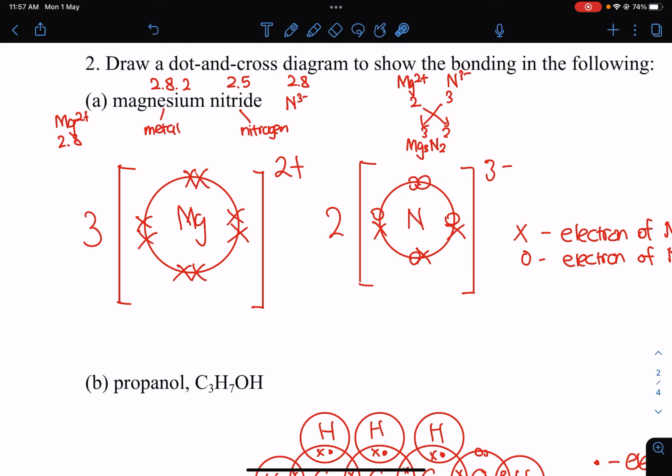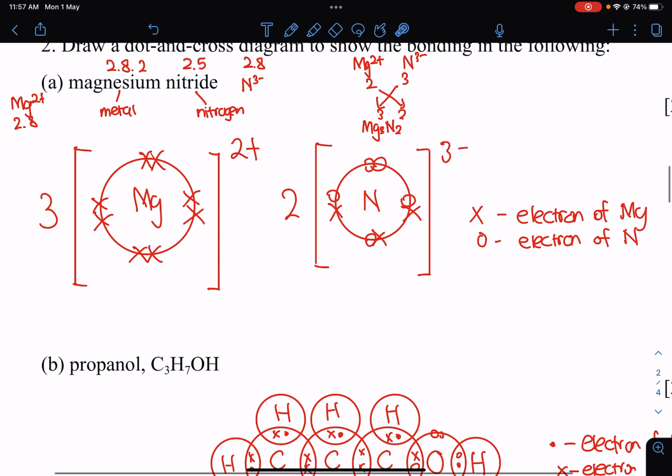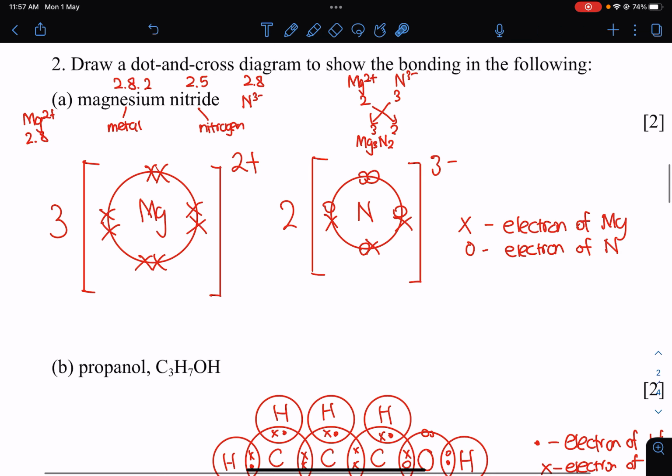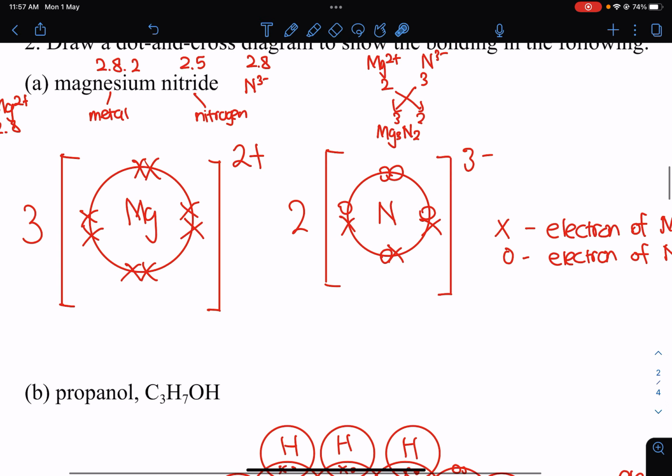In this case, I chose to use circles to represent the electrons of nitrogen, as well as crosses for the electrons of magnesium. Remember, nitrogen should always have its original 5 valence electrons, which are shown here. Now it has gained 3 from magnesium. That's why you have 3 crosses, and then it will have a 3- charge.